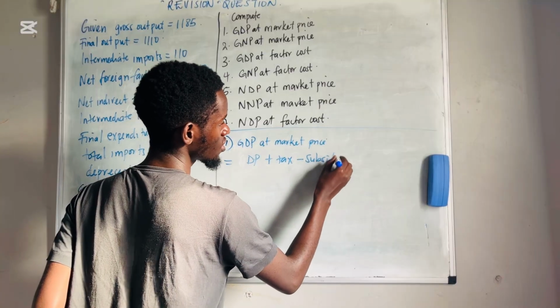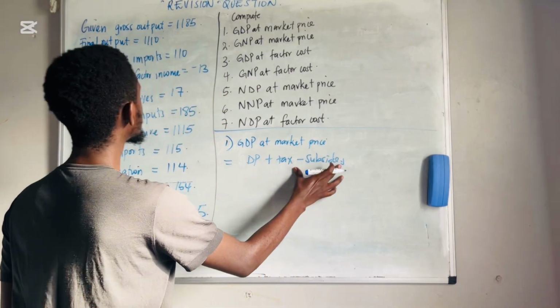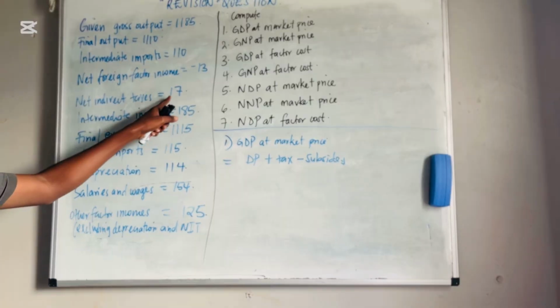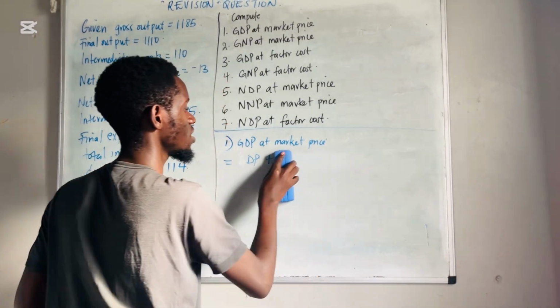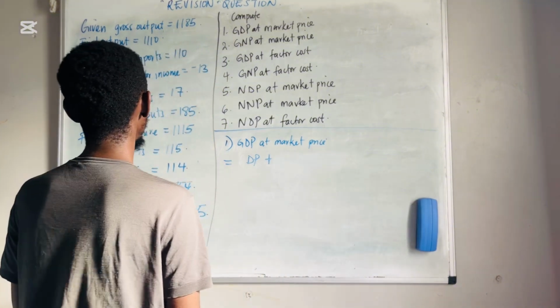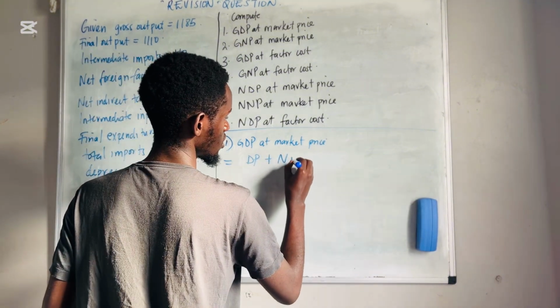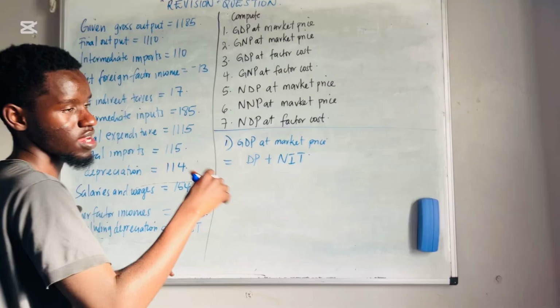But now for this time round, taxes minus subsidies is called net indirect taxes, which is 17. Therefore, I just need to say plus net indirect taxes, which is taxes minus subsidies.